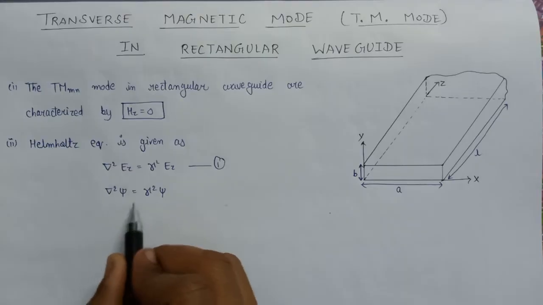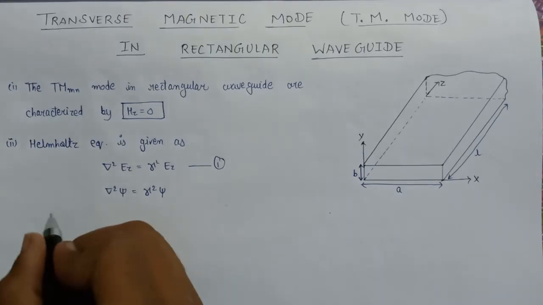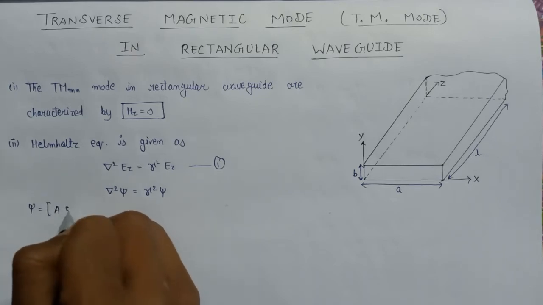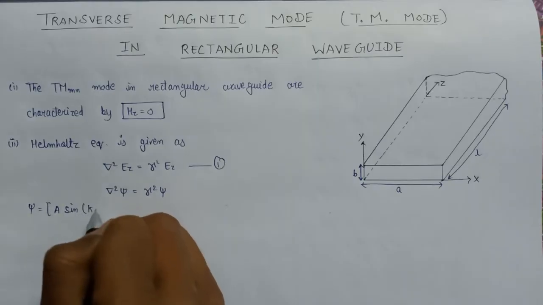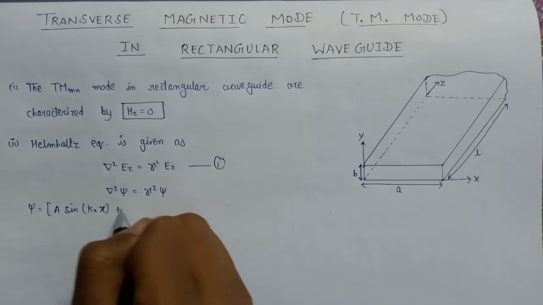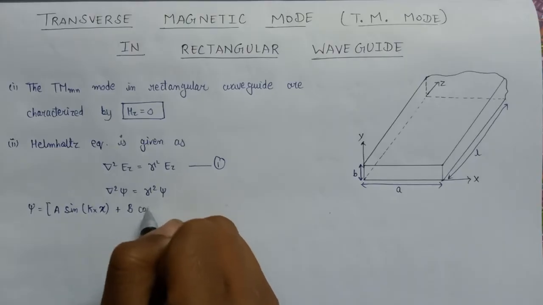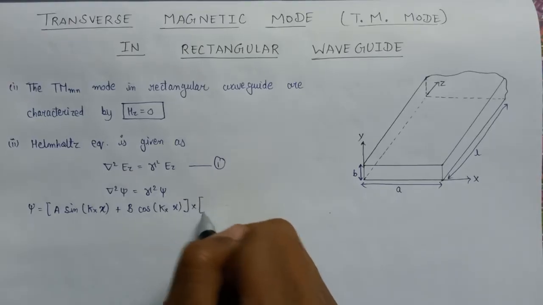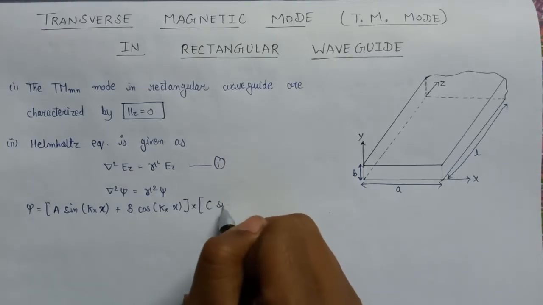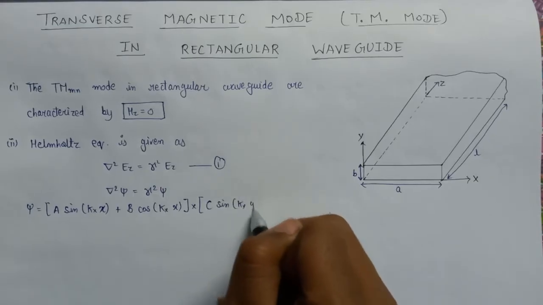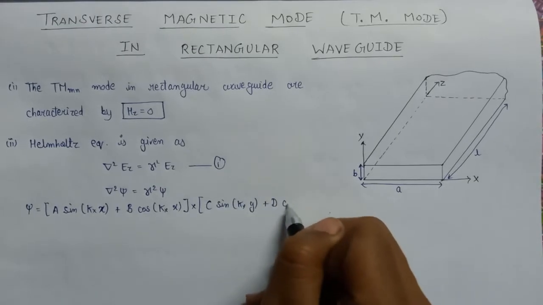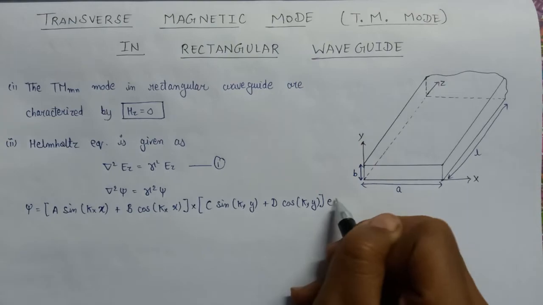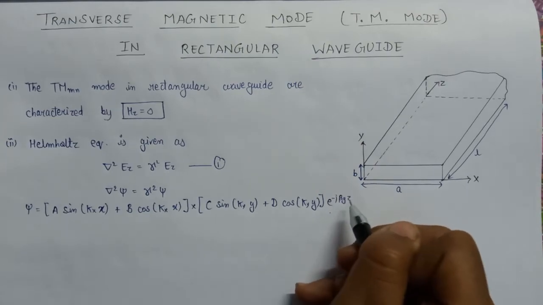The solution of this equation is psi equals A sine kx plus B cos kx, multiplied with C sine ky plus D cos ky, into e to the power minus j beta gz.